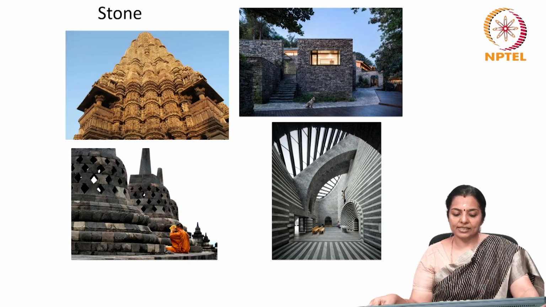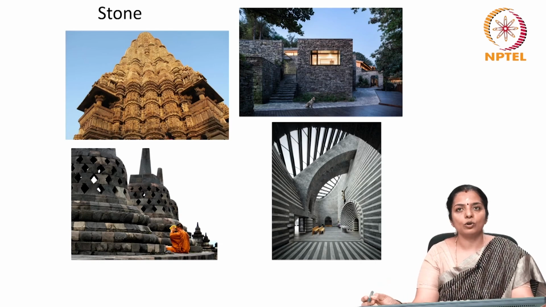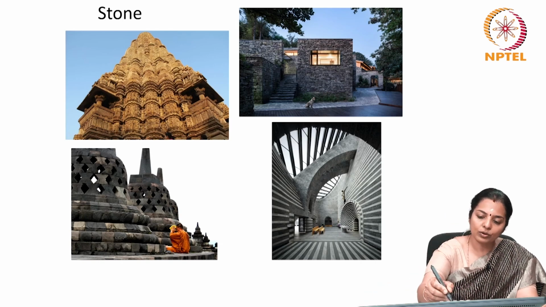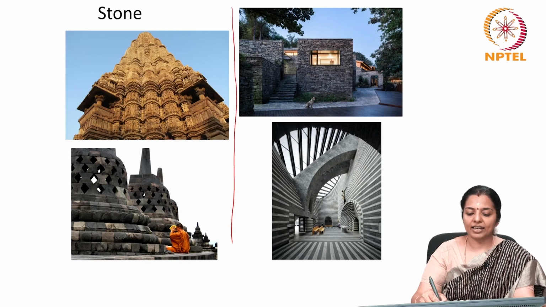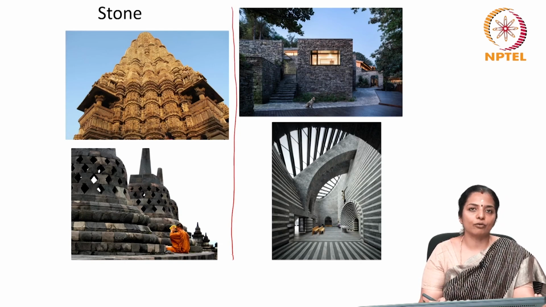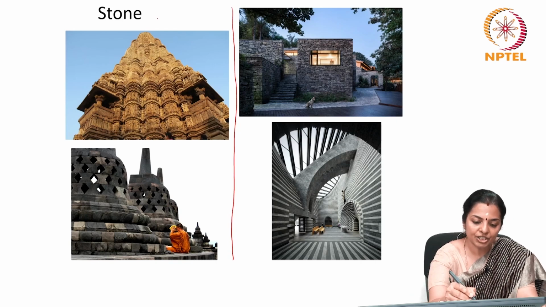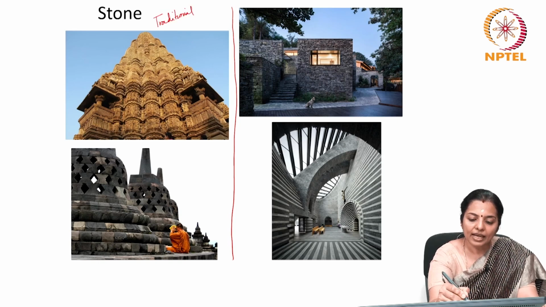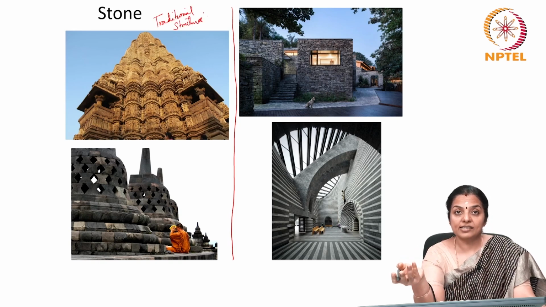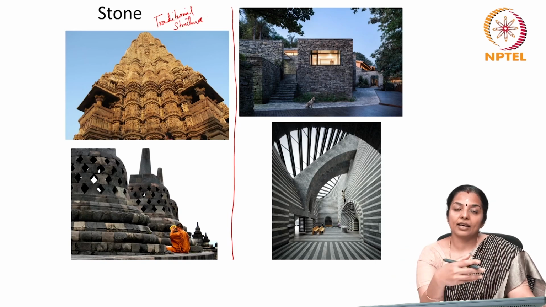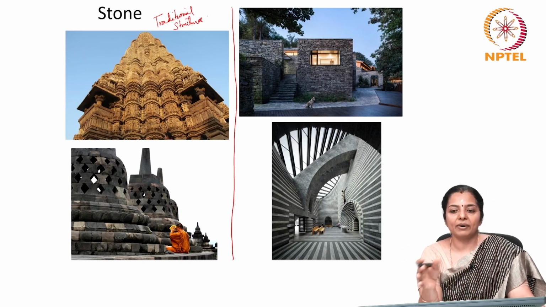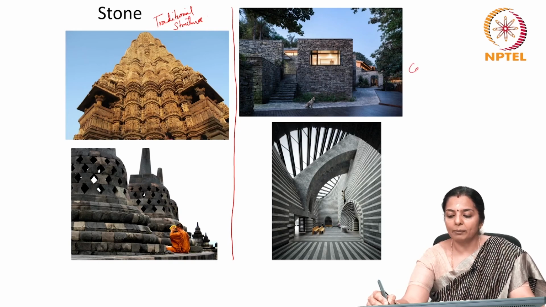Here I have shown cases where I have just taken an example of stone to show how stone, as much as a very grand, or a very majestic building material for old or traditional structures, it depicts a kind of majesty in terms of scale in every way. But the same building material also has a contemporary application which is equally glorious.